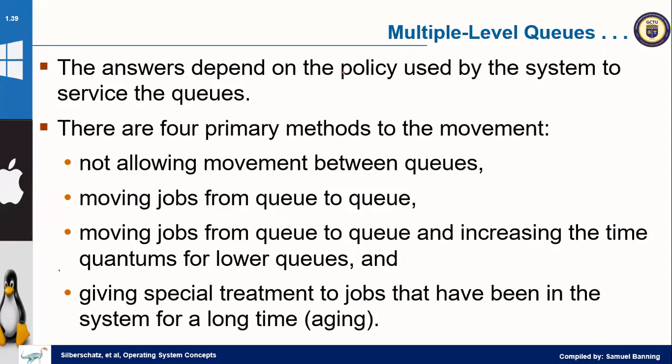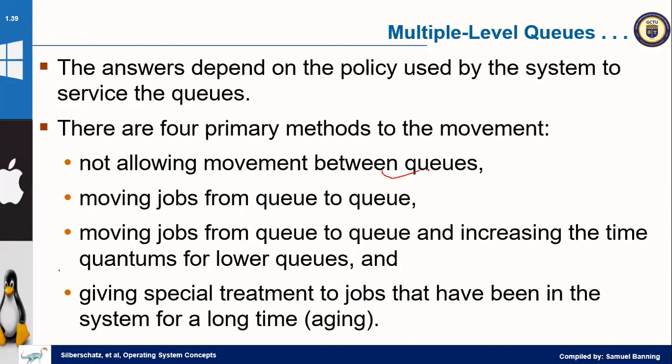So the answers depend on the policy used by the system to service the queues. There are 4 primary methods to the movement. One, you can decide that you will not allow movement between queues. Once a process is given to one queue, it cannot go to another queue. You can also decide that if a job has been in the queue for a long time because of the priority, maybe you move it to a different queue for it to be served.